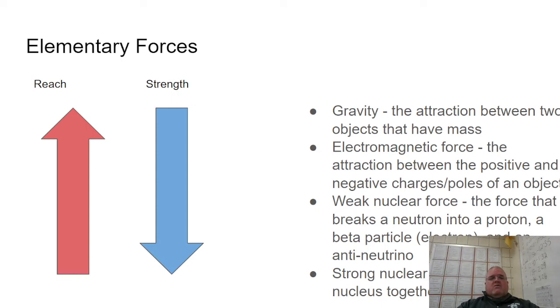The weak nuclear force is pretty strong, but it acts over a very, very tiny range. And then the strong nuclear force is kind of a glue that holds the protons together, and that is an even smaller distance than the weak nuclear force and an even stronger attraction.